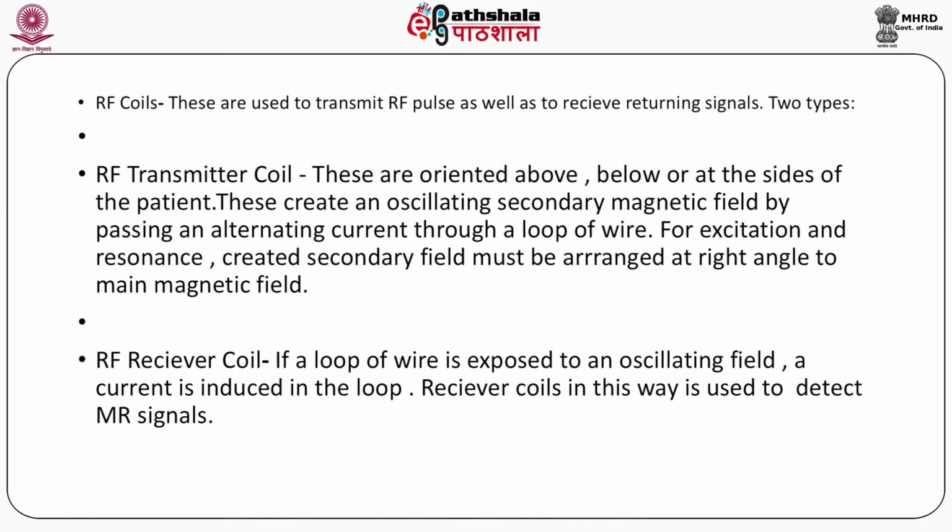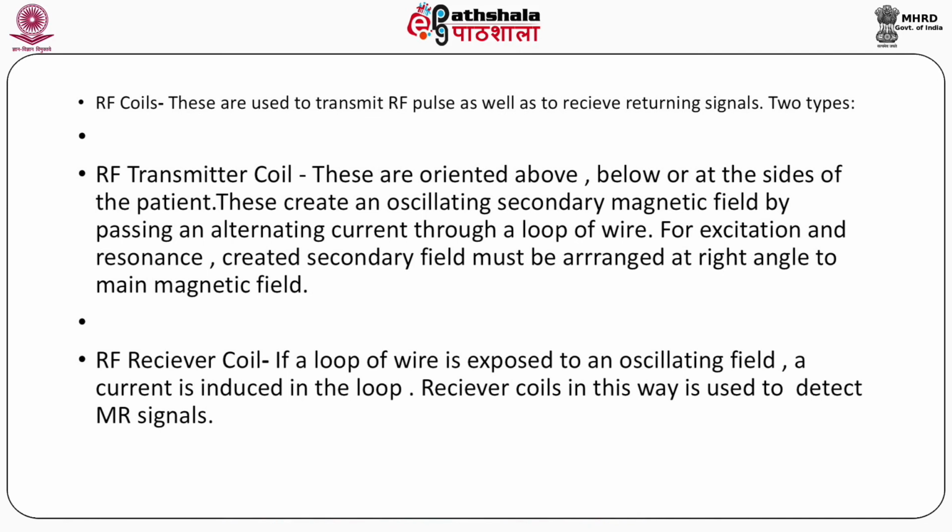Third are the RF coils. These RF coils are used to transmit the RF pulse as well as to receive the returning signals. Two types of RF coils are used. One is the RF transmit coil only. In this case, the RF coils transmit. These create an oscillating secondary magnetic field by passing an alternating current through a loop of wire.